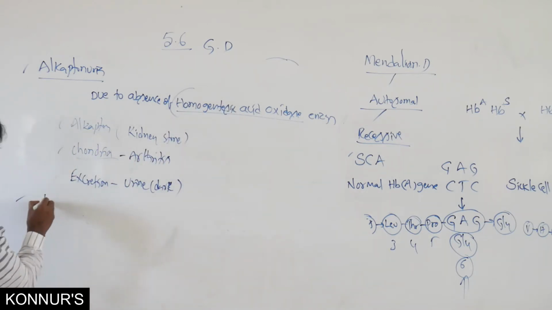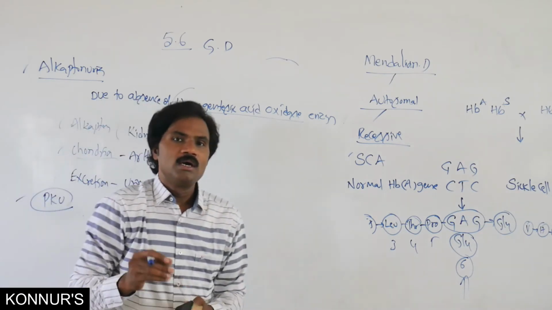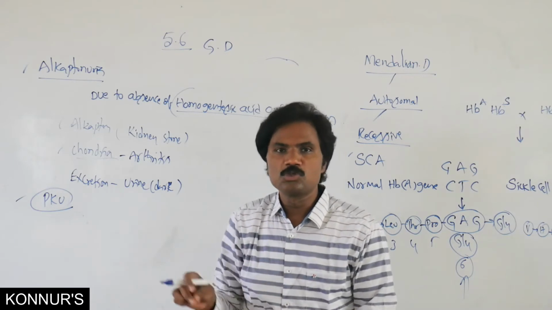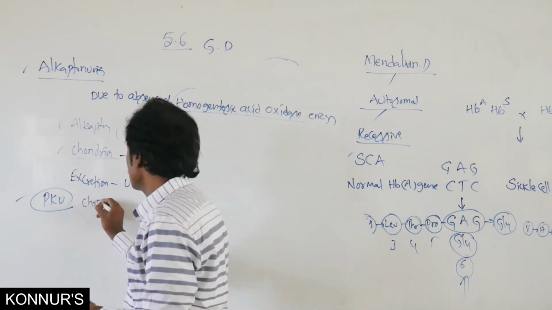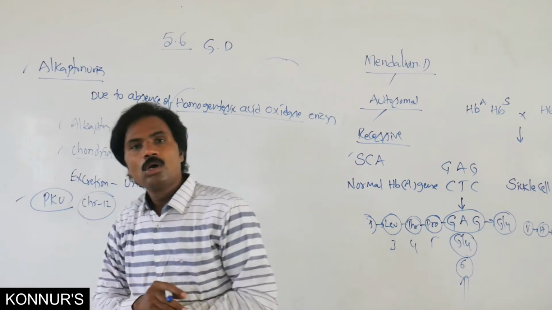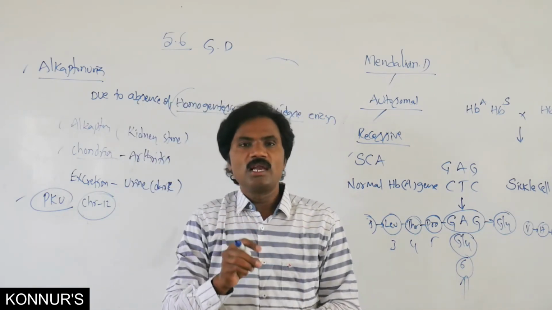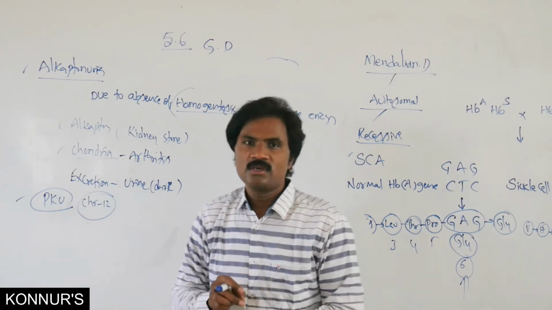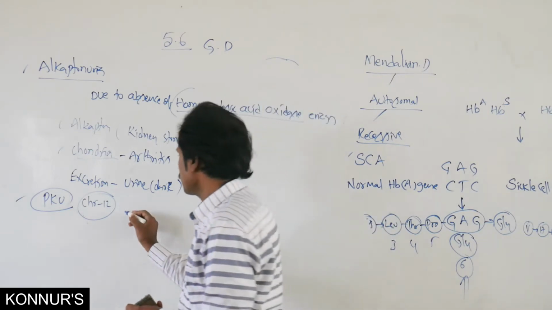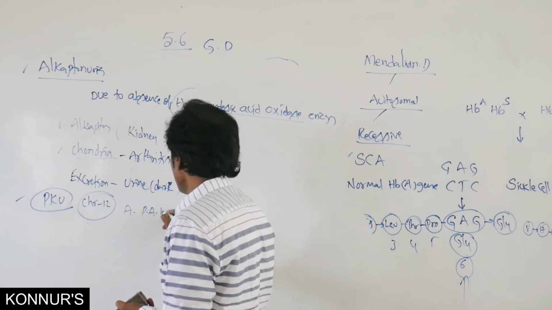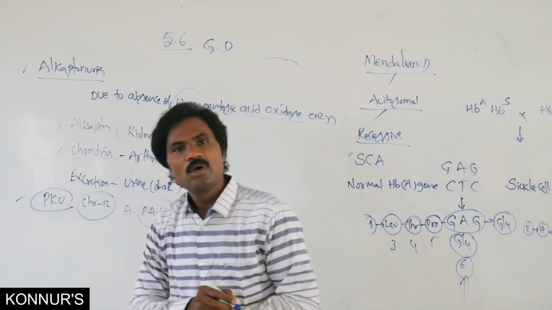Then apart from this, phenylketonuria. In this, the defective gene is normally present in chromosome 12, due to absence of phenylalanine hydroxylase.